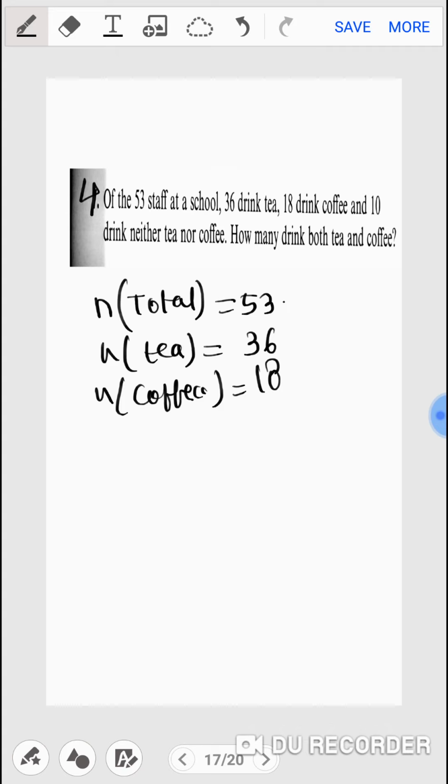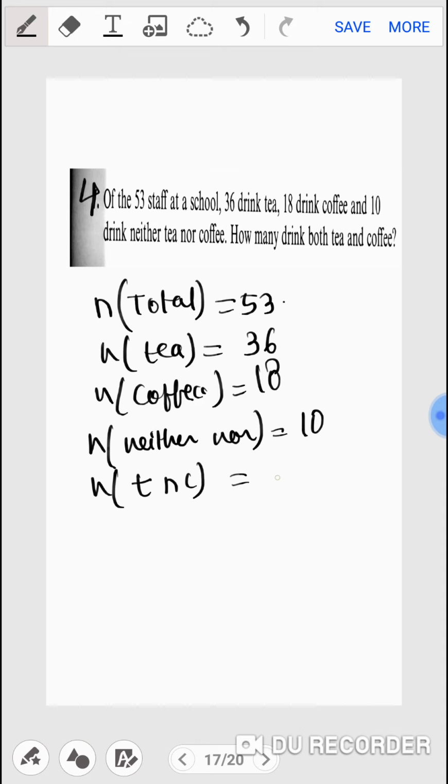And 10 neither drink coffee nor tea. How many drink both tea and coffee? Both tea and coffee means tea intersection coffee. Let it be x.